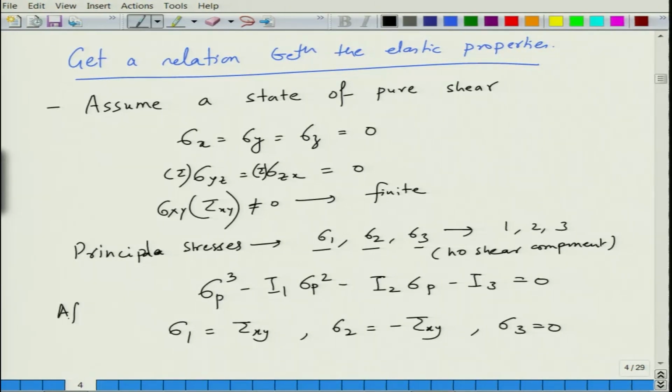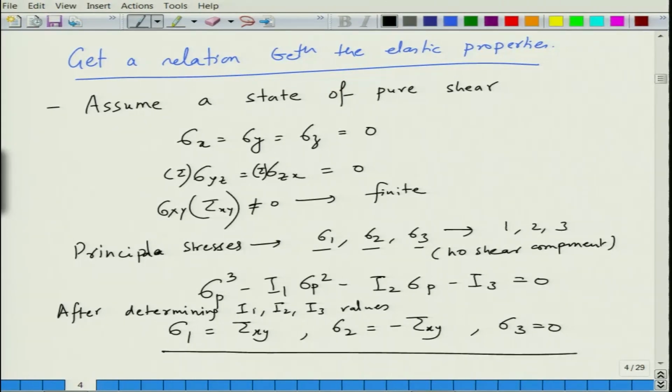So, basically after determining I1, I2 and I3 values by plugging in the stress values as we mentioned earlier, we will find this is the stress state. Among three principal stresses, one is 0 and the other two are equal and opposite. So, when the material is in pure shear, this is what the stress state is going to be.